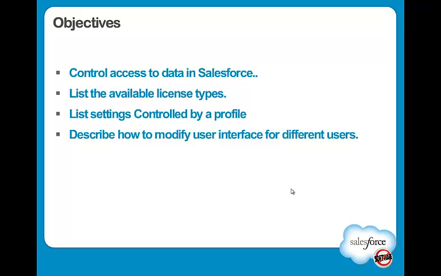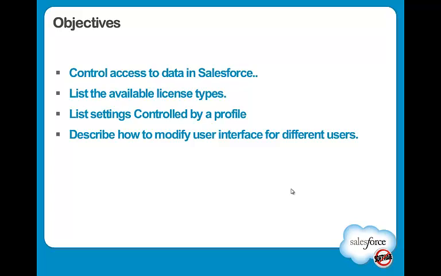At the same time, we would also discuss a feature set called page layouts and record types, and how we can configure a different user interface depending on the type of user. For example, if a salesperson is logging in, he may see a different page displayed to him.